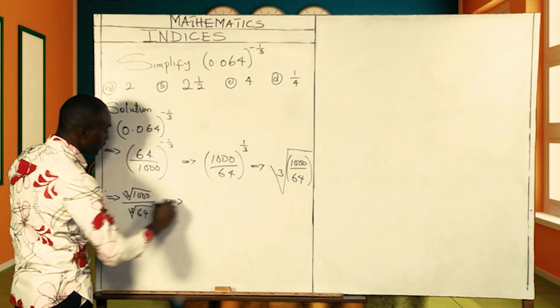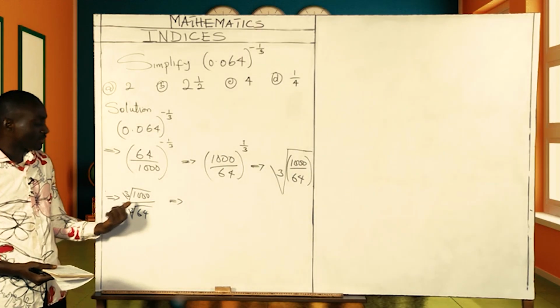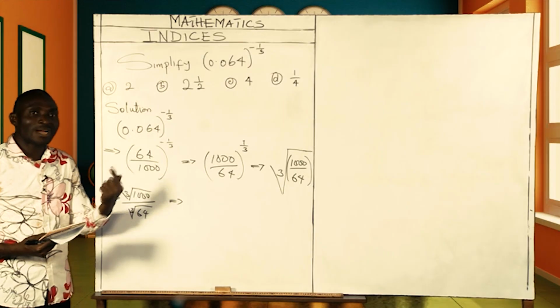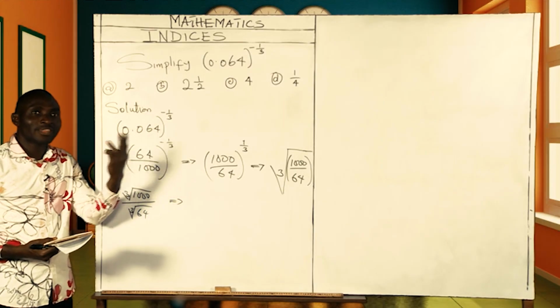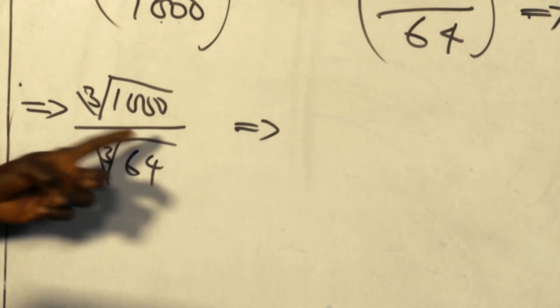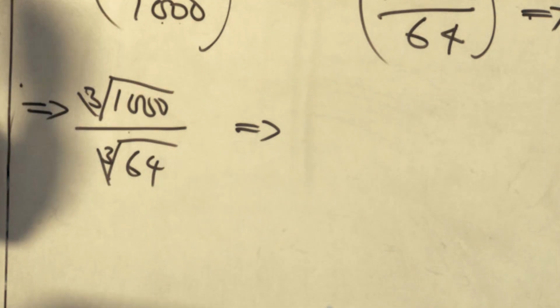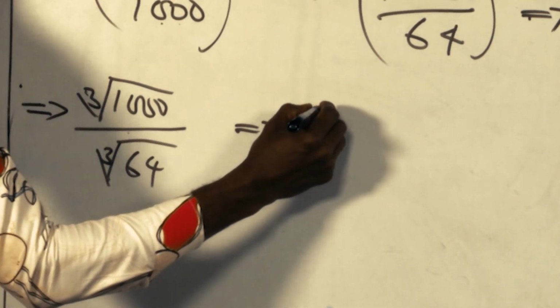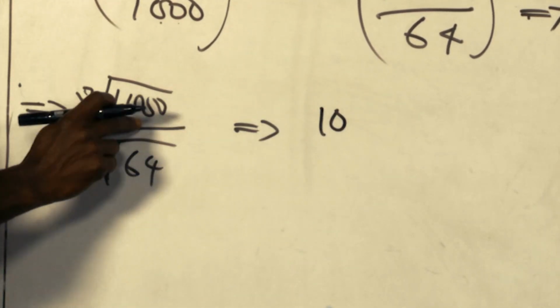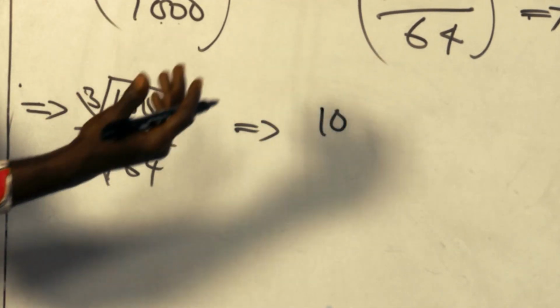This will give us the cube root of 1000. The meaning of cube root of 1000 is: what is the number that will multiply itself 3 times to give 1000? That number is 10. So 10 is the cube root of 1000, because 10 times 10 times 10 gives 1000.